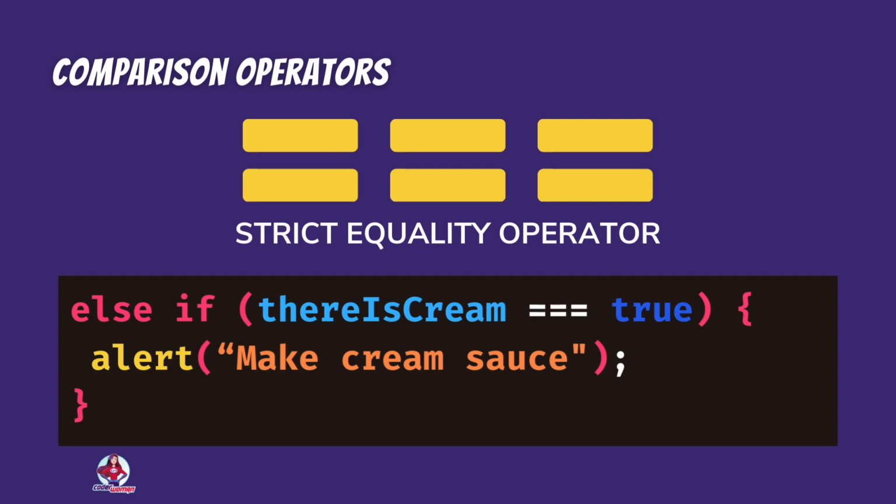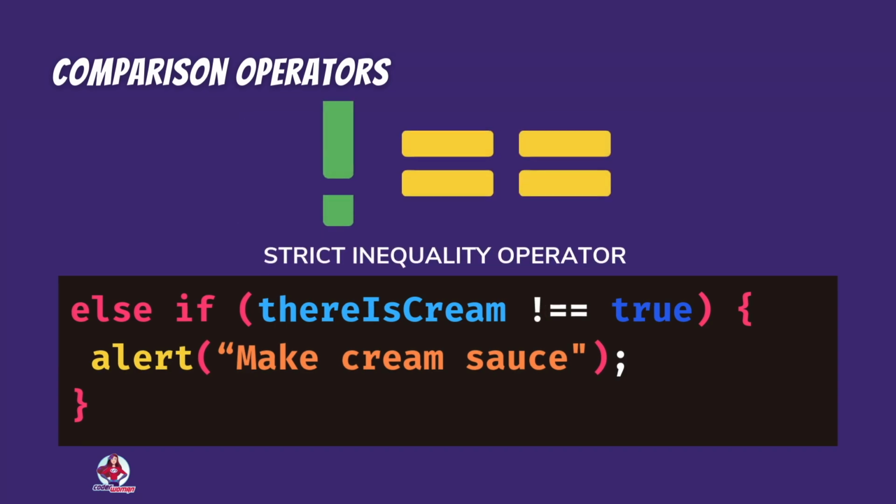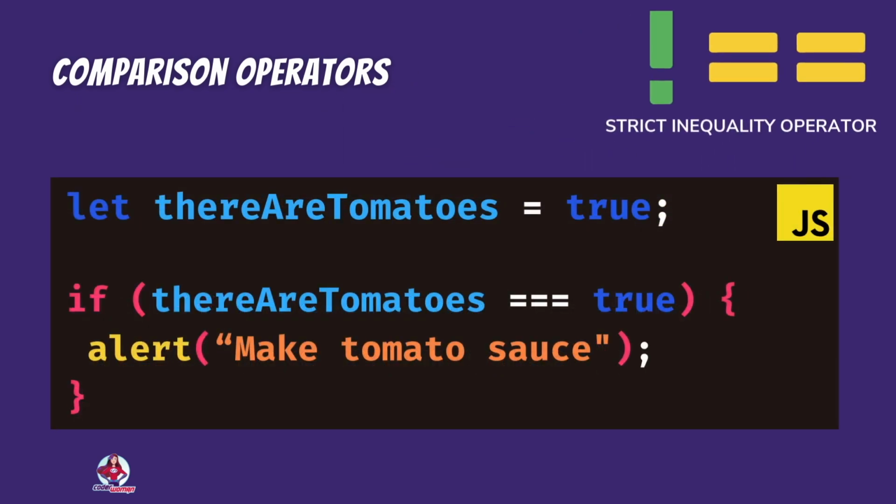Another one, a bit tricky, is the strict inequality operator. We write it with an exclamation mark followed by 2 equal signs. It checks if what's on the left does not equal what's on the right. It's the opposite of the strict equality operator. Let's use our tomato example to explain.